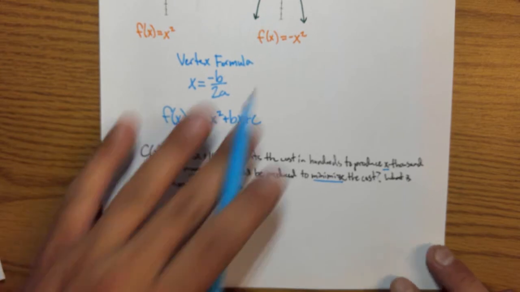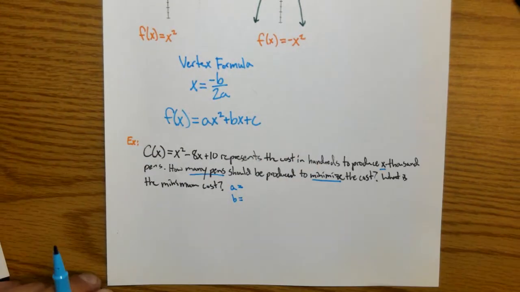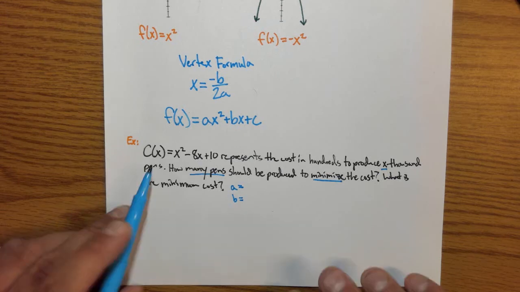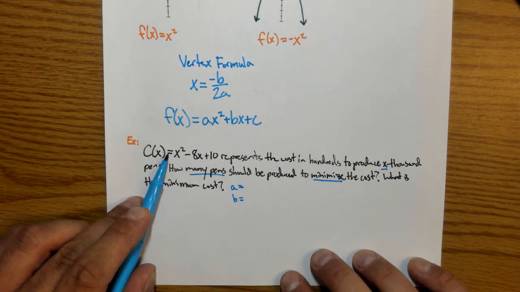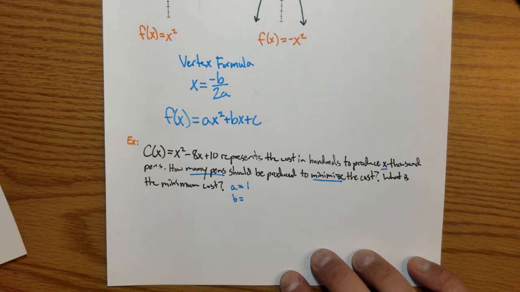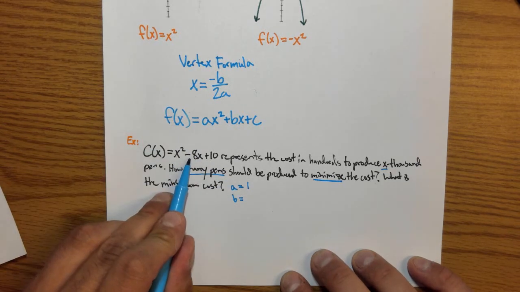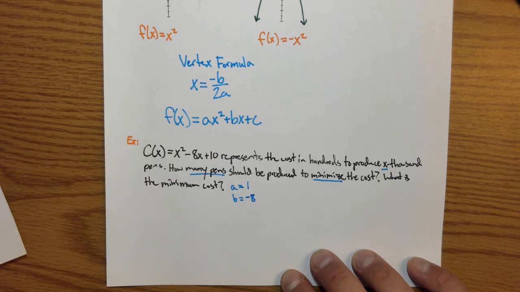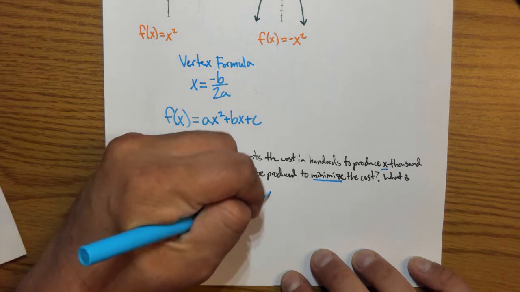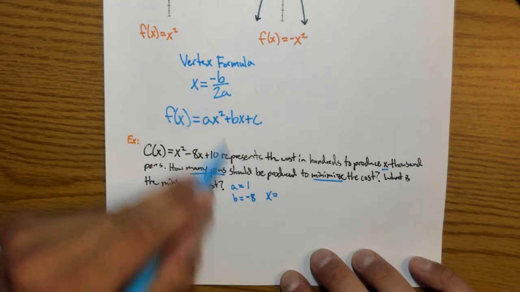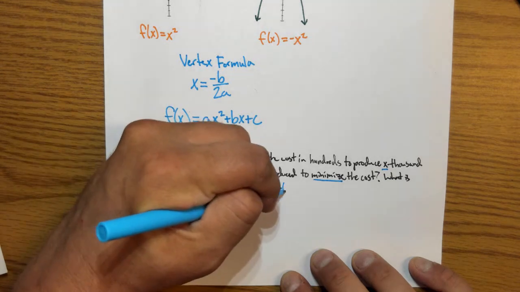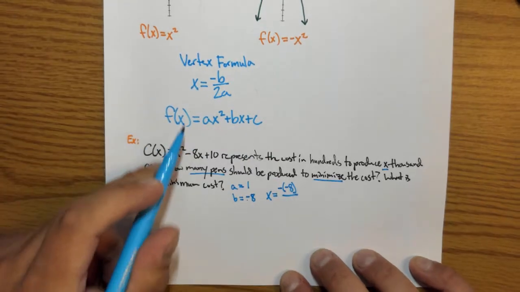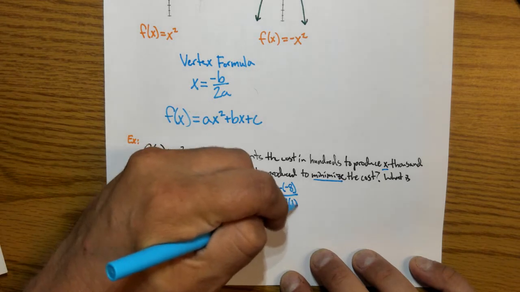A is the coefficient of the x squared term, so in this case there's no number there, which is implied to be a 1. And b is negative 8. If there's a negative out front, always be sure to include that negative, okay? And then we can just plug it into the vertex formula. So x equals negative b, negative 8, over 2a, so 2 times 1.